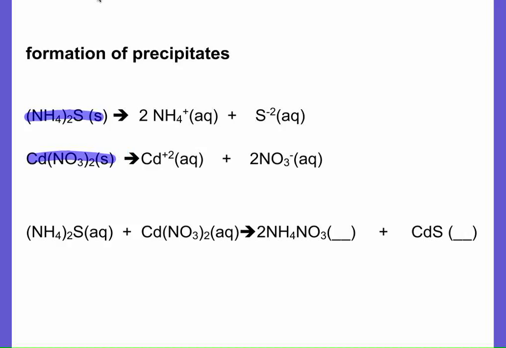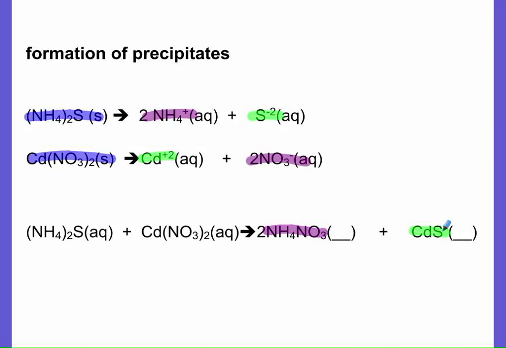You have this combination where you can put the ammonium with the nitrate to make this product here, or you have the other possibility where that cadmium can join up with that sulfide to make this product here. We just have to figure out which one of those products is soluble and which one isn't, because if there's a precipitate, one of those things is not soluble and it's going to come out of solution.